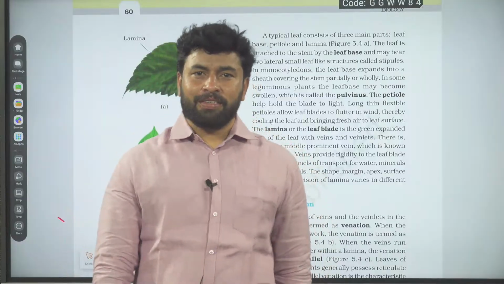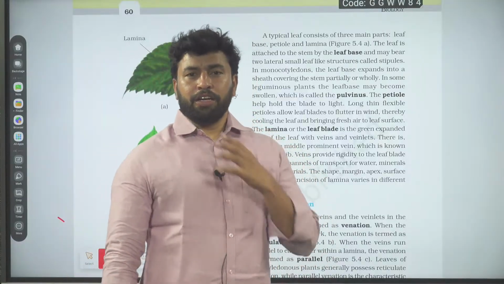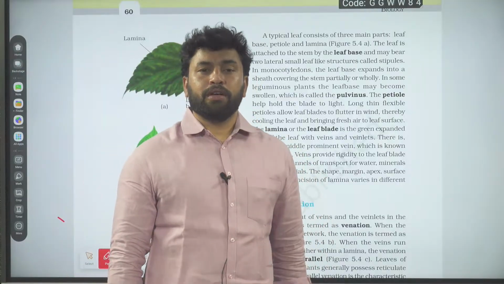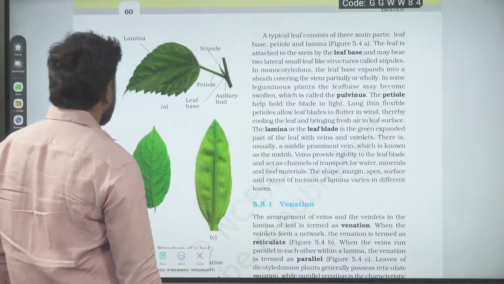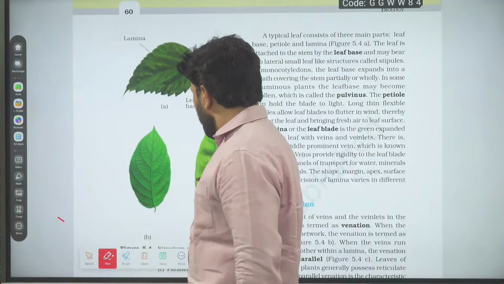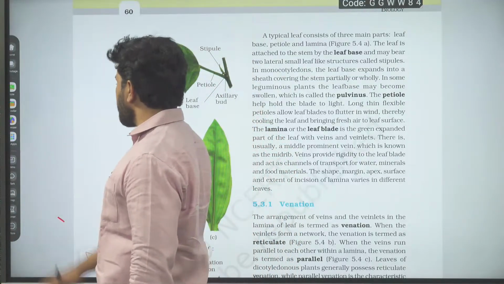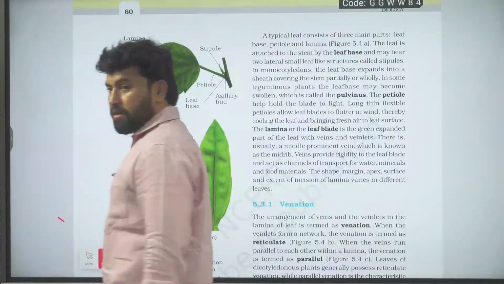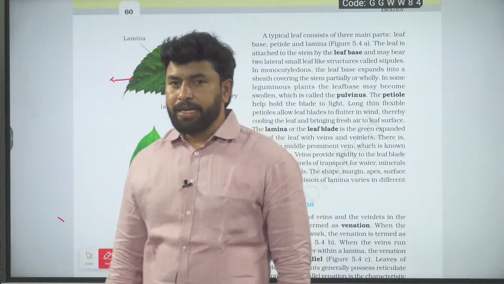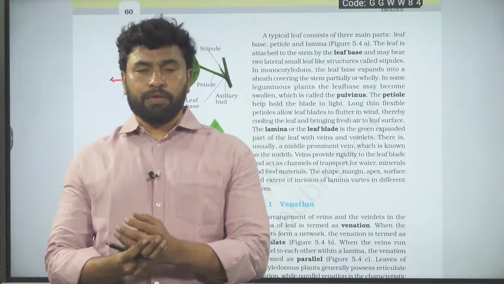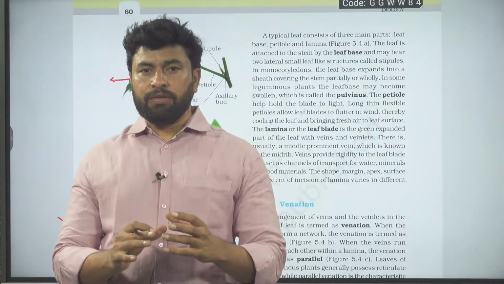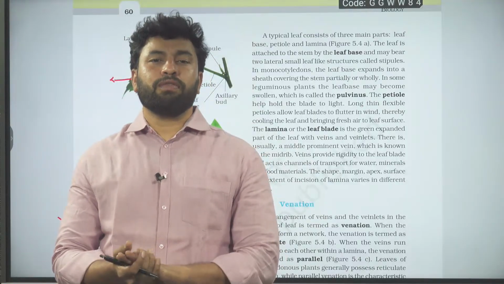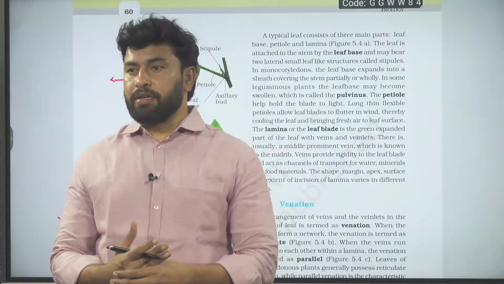Very good. I'll continue the class from leaf onwards. One more time, what are the parts present in a leaf? Remember, leaf is a lateral organ mainly responsible for photosynthesis, and it is also responsible for transpiration of water.